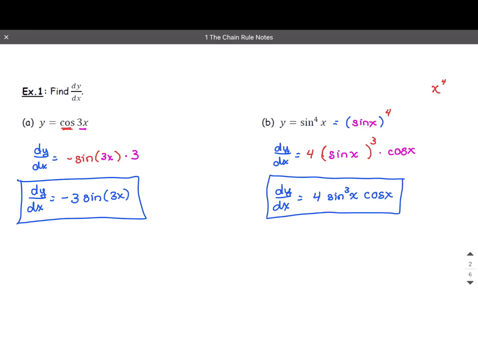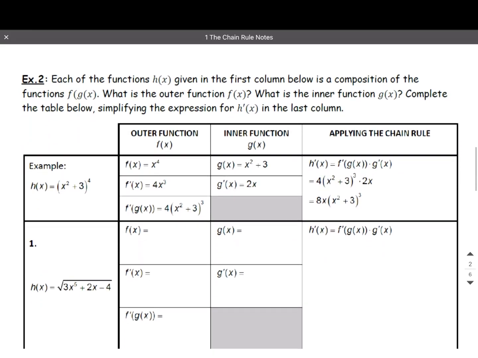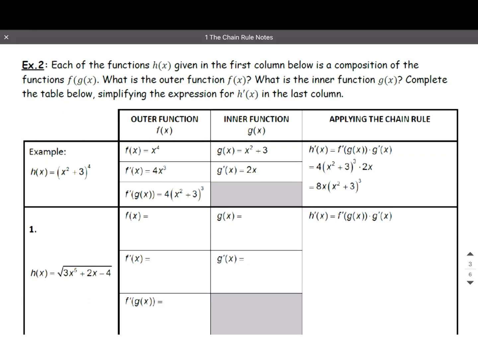There we go. Beautiful. Now, sometimes the difficulty with the chain rule is recognizing what the outside function and the inside function is. So when we go through these, we're going to look for the outside function and the inside function. So you can see in example one, where h of x is the quantity x squared plus 3 raised to the 4th, that the inside is x squared plus 3, and the outside is raised to the 4th, so that's x to the 4th.